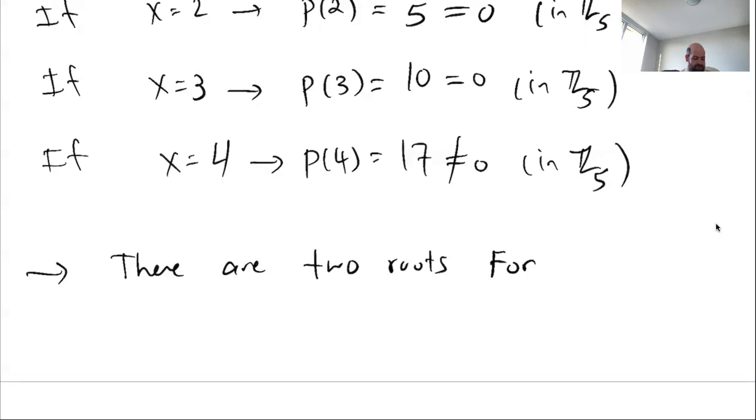As predicted by Lagrange theorem above, a polynomial of degree 2 has at most 2 roots.